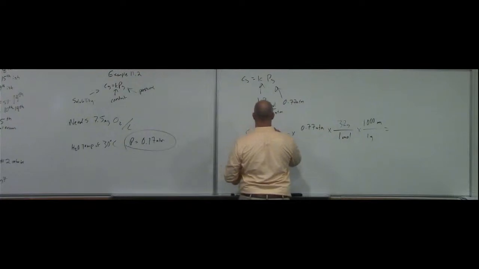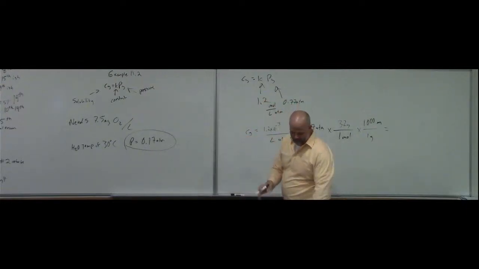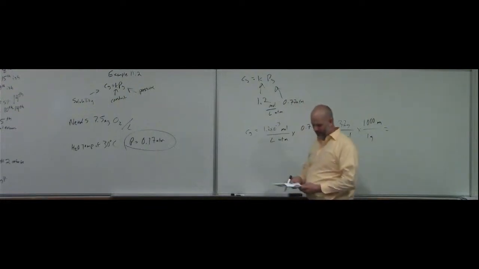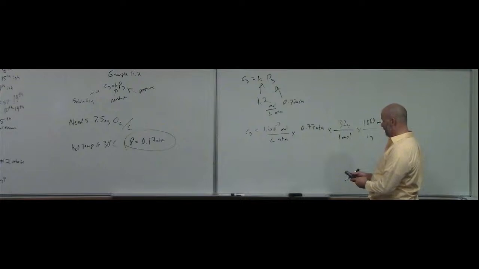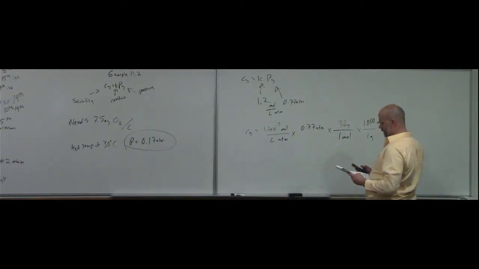This is 1.2 times 10 to the negative third moles. That'll change it quite a bit more. So we have 0.0012 times 0.77 times 32 times 1,000. That just became a completely crazy number.